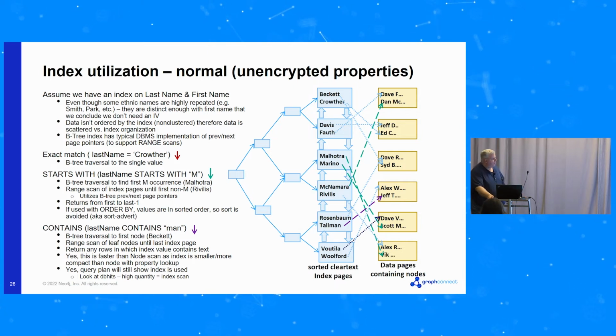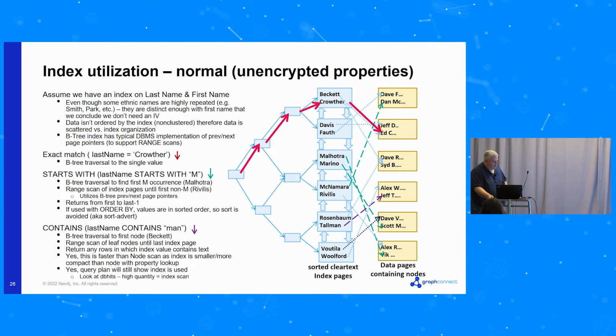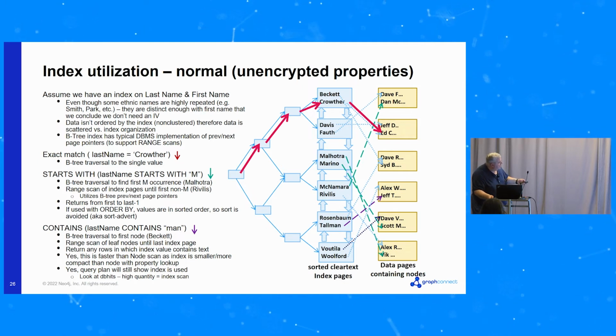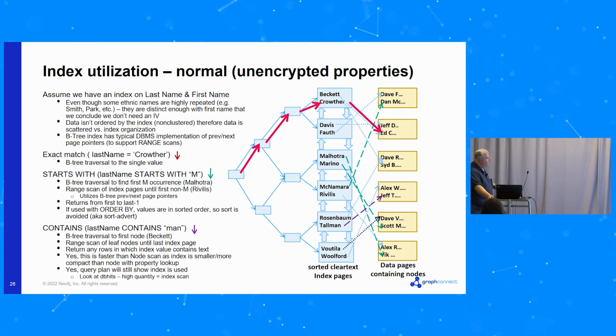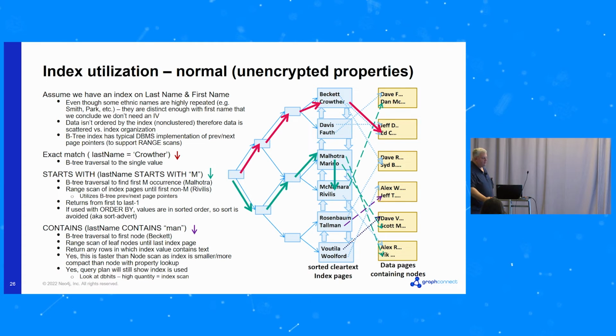Where you do care, I get this complaint a lot: when you're encrypting properties, what happens? If you run the first query, find Crowther, ding, ding, ding, pow. Traverse the index, find him. Find everybody who starts with M. Pretty easy with a B tree.